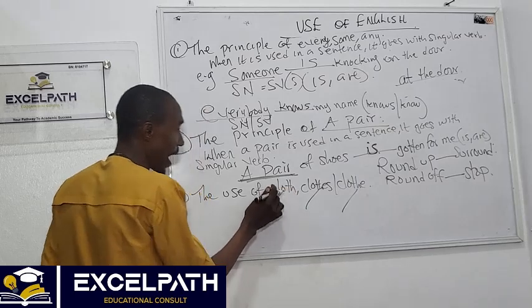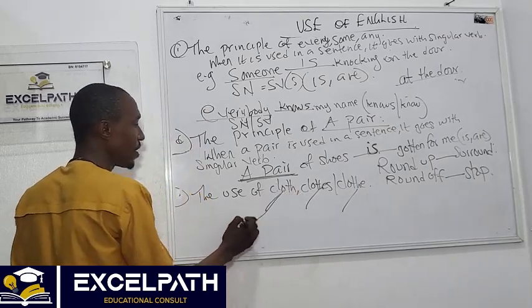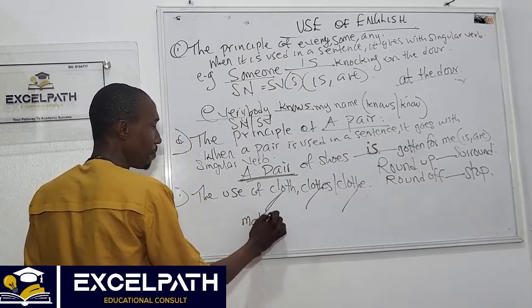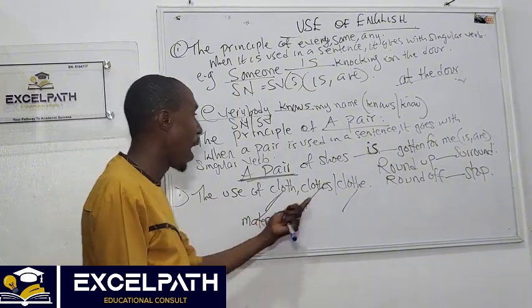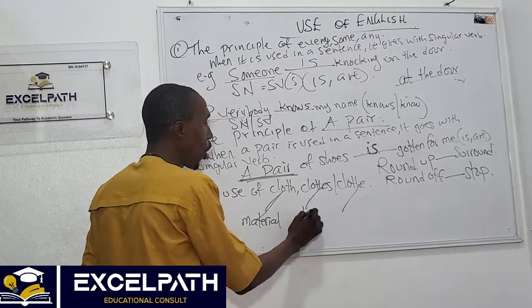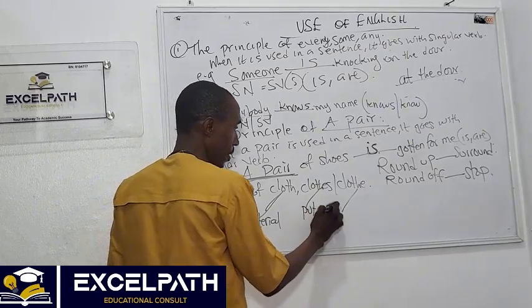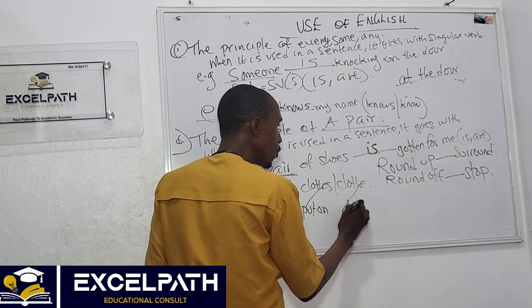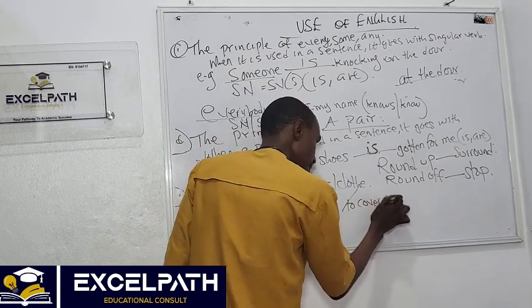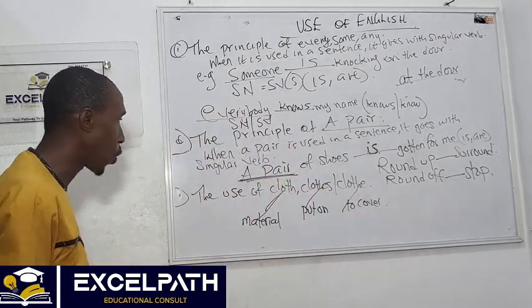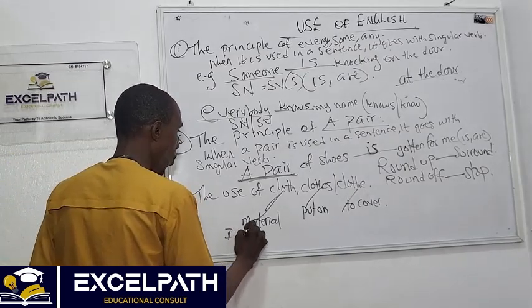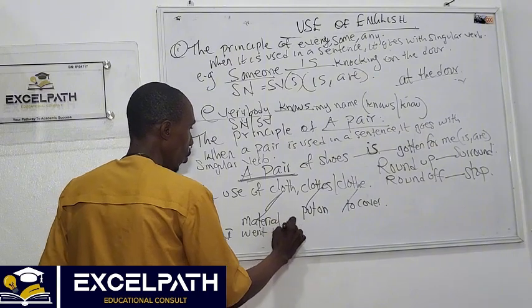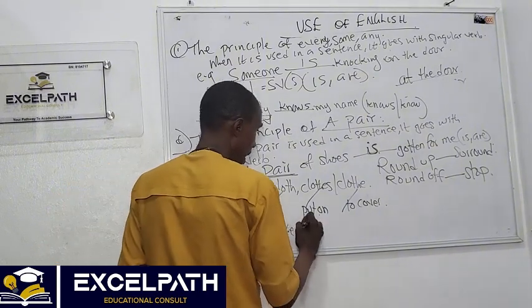This cloth here, that has C-L-O-T-H, is just like a material. It's just like what? A material. Clothes here is the one you put on. Clothe means to cover. So take for instance, look at this question.